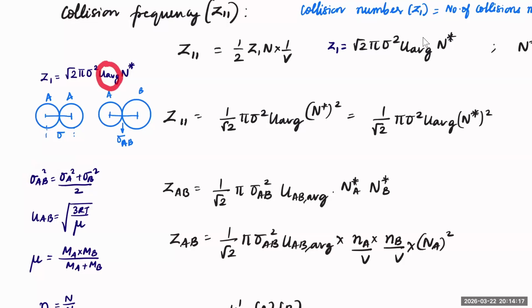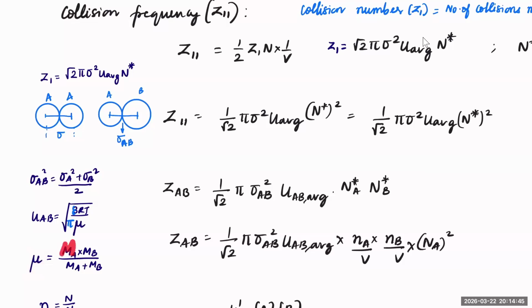And U average. If you are talking about the same particles, then the U average value is 8 RT by pi m, correct? But if you have two different particles, instead of taking m, which would be like an average mass, we use mu, which is like the weighted average.